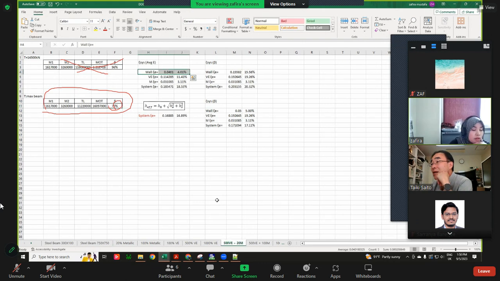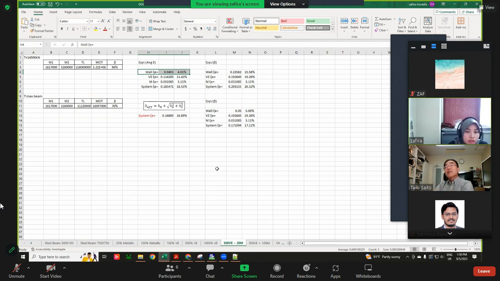Maybe I should compare with the dynamic results instead. The model with viscoelastic, to compare the degree of coupling, because in pushover viscoelastic doesn't respond.